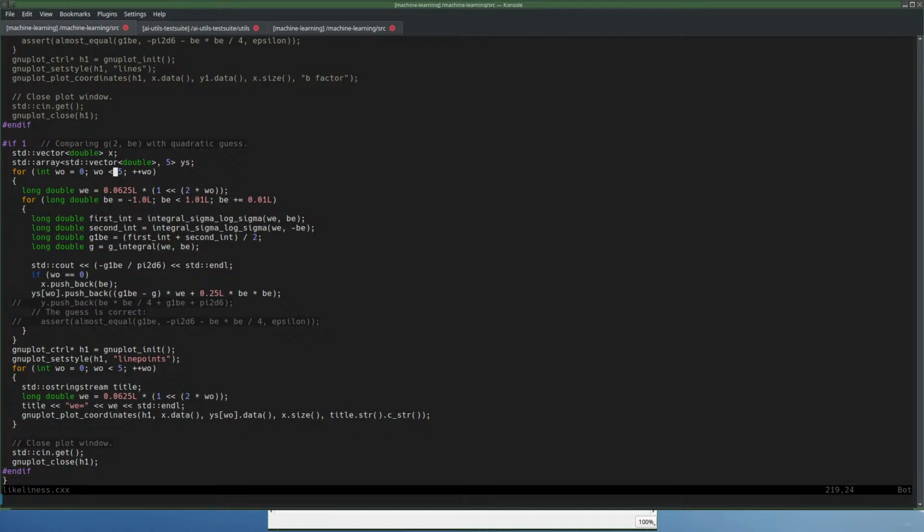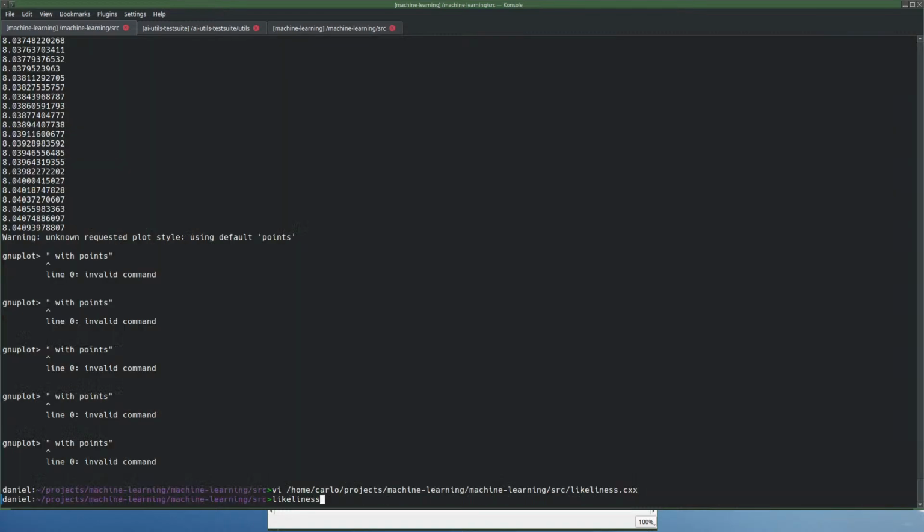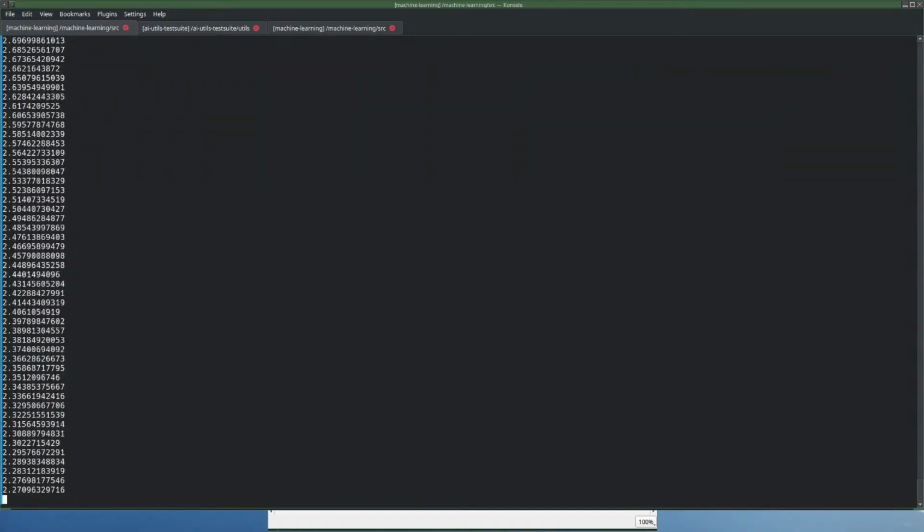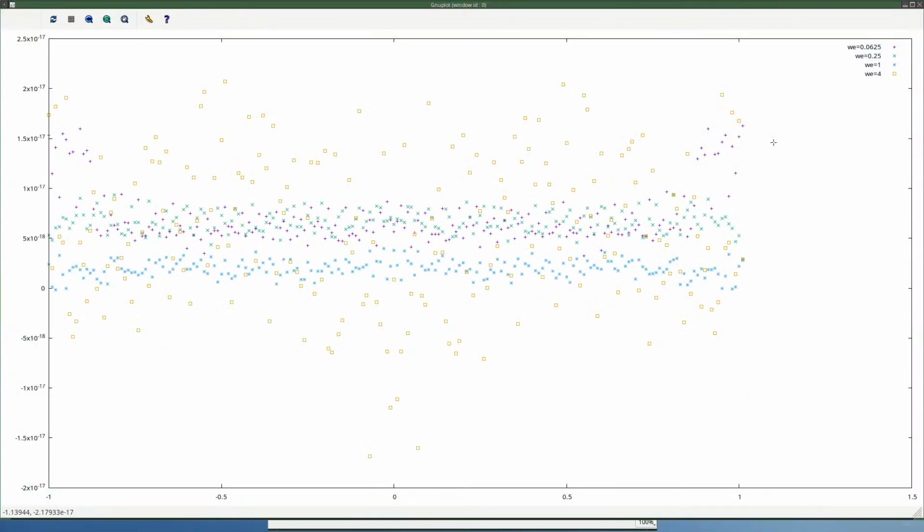Let's try running to 4. See if we can see that noise. Yes. Round-off noise. 10 to the power minus 17. So it's like exact. Well, cute little differences here.